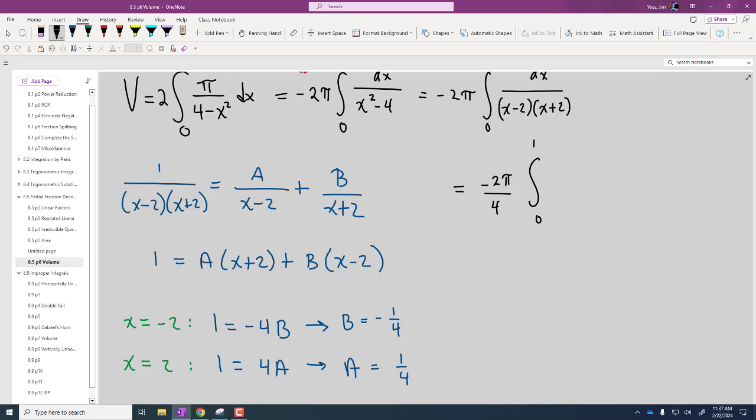And so for A, we have 1 over x minus 2 minus 1 over x plus 2. So that'll be our nice simplified integral using PFD.